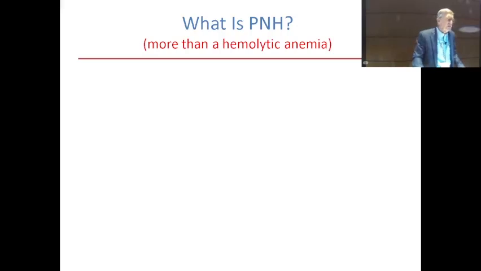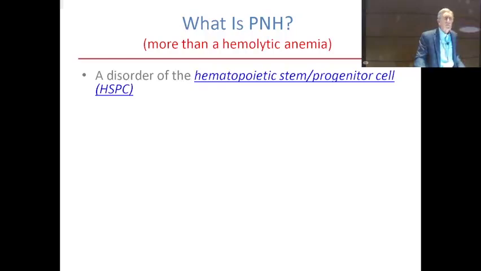It's actually a disease of the hematopoietic stem progenitor cells. So the abnormality in PNH starts in the bone marrow with a somatic mutation. That is, this is not a genetic disease, but rather an acquired disease.